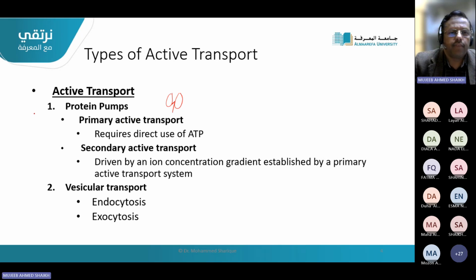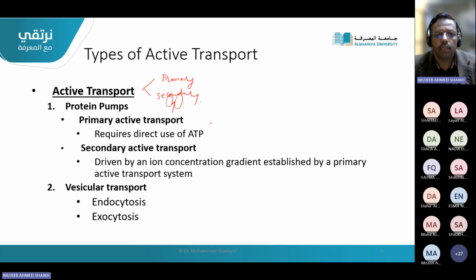There are two types of active transport. One is called primary, and the second one is called secondary active transport. Why the two divisions? In primary, for transportation of any substance, ATPs are directly utilized. Suppose there is a channel, and this is a molecule that wants to go.